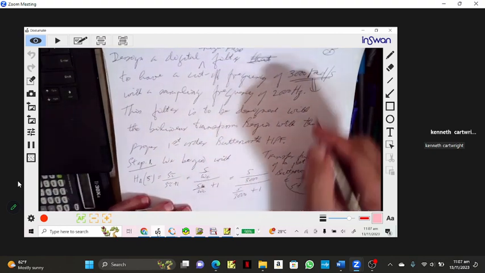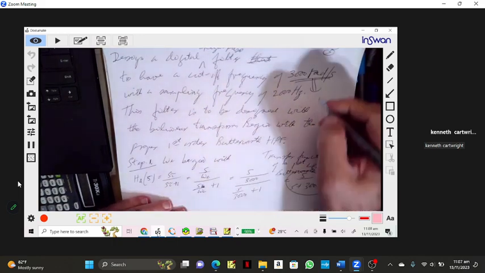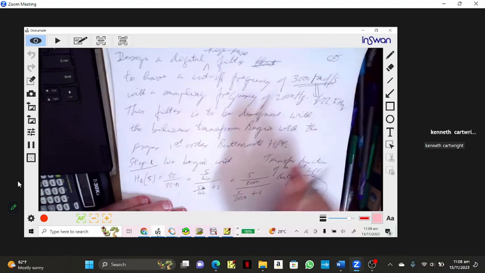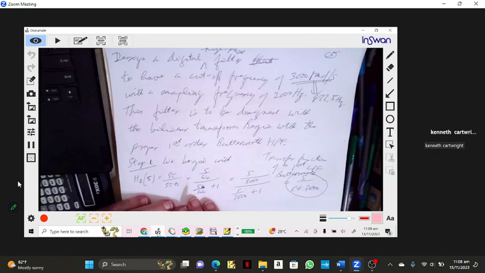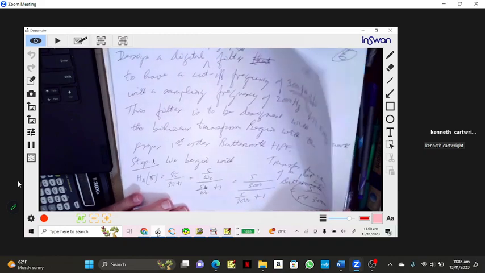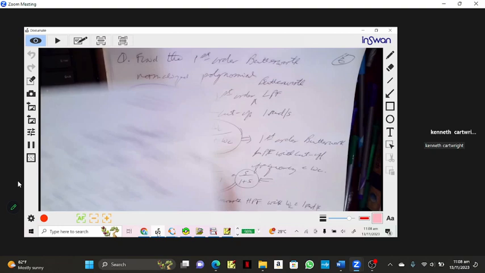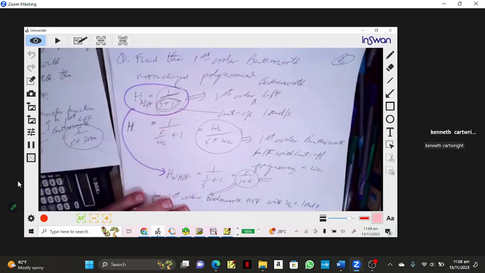So this is 477.5 hertz. All right, so that's what we're trying to do. We're trying to design a digital filter with a cutoff frequency of 477.5 hertz.